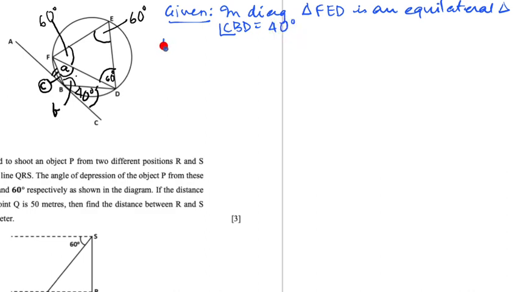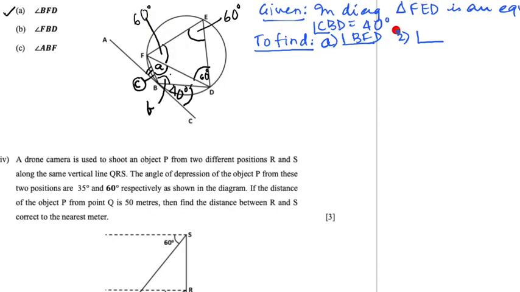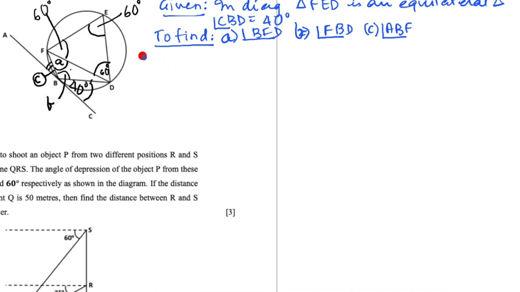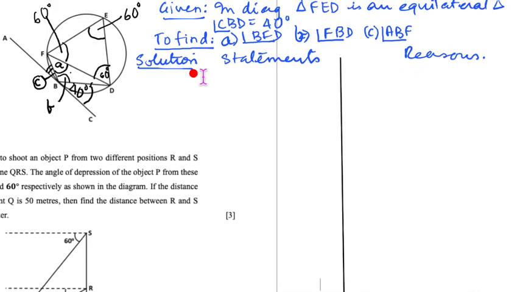This is given, and we have to find number 1 angle BFD, this is our A, number 2 angle FBD, this is our B, and your C is angle ABF. Okay, so we keep this ready and then we write the solution. For our solution, we will have the statements and we'll have the reasons. Alright, so let us look at our first statement.